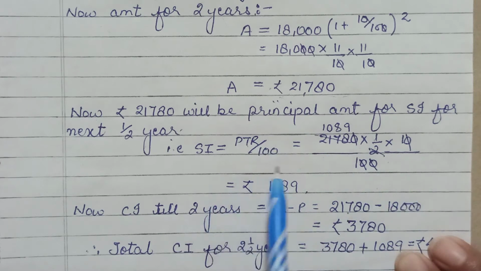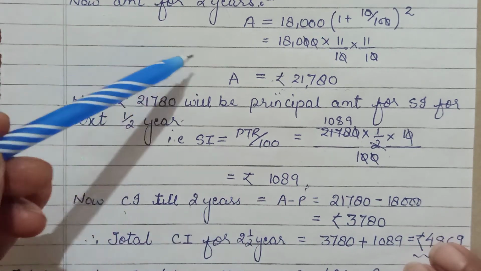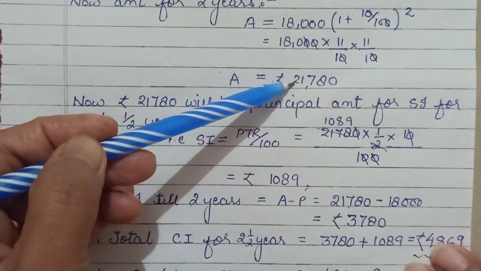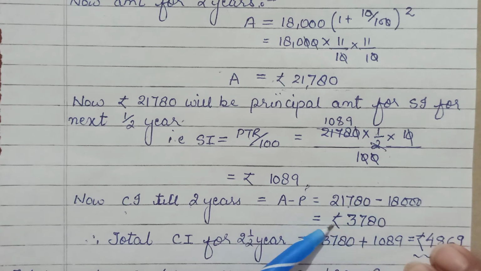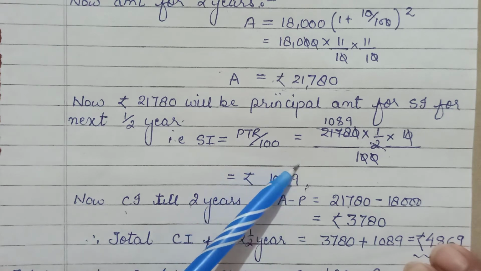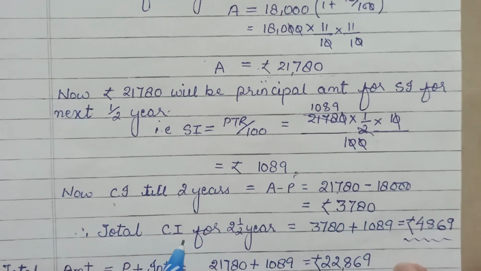Work out your SI. So that is your interest. Now compound interest, we had already taken out the amount here. So this amount minus principal will give you compound interest till 2 years. Okay, so for the 2 years this was your interest obtained, and for the next half year this is the interest obtained. So the sum of these two will give you the total interest.